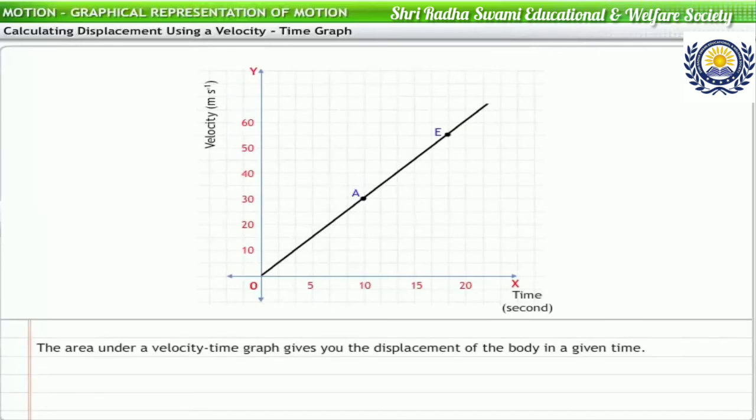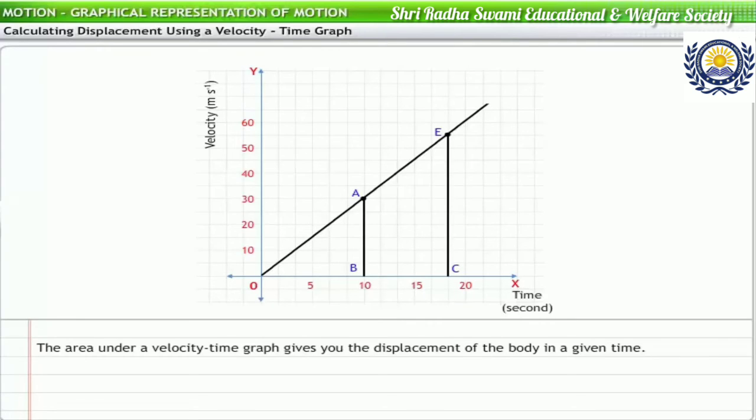Similarly, you can also determine the displacement of a body moving with uniform acceleration. Consider the velocity time graph. To determine the displacement of the body between points A and E, from both points A and E, draw two lines parallel to the y-axis, intersecting the x-axis at points B and C respectively.